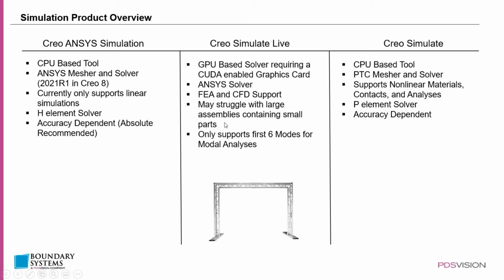So that's an example of somewhere where Creo Simulation Live struggles. The reason is that there's no mesher involved. It's a quote-unquote meshless environment, and so it's all based on the way the GPU sees the CAD model. So that is one thing to note about this software.